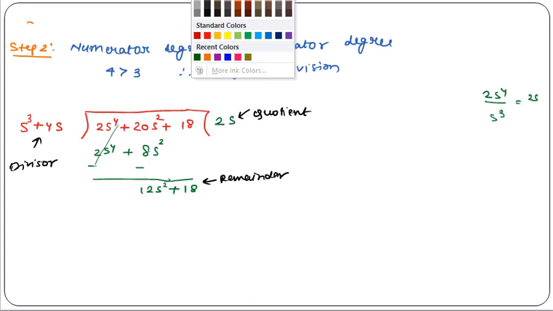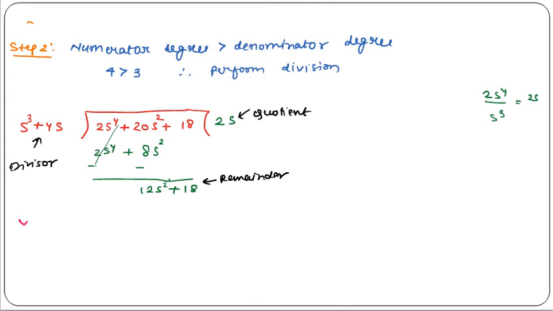So now the Y of s function can be written as quotient plus remainder by divisor. So the quotient we are getting is 2 into s, plus the remainder 12 into s square plus 18 divided by s cube plus 4 into s.